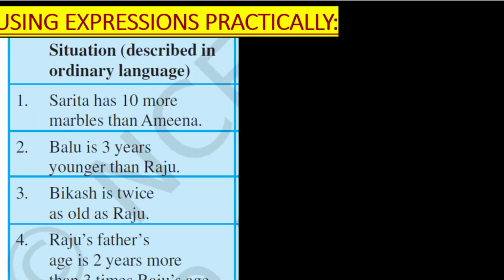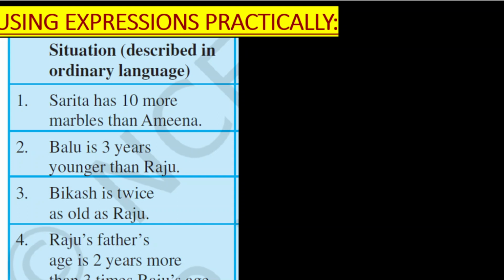And here are some expressions that we use practically. Before going into the situation, there are two things: first we have to find the variable, which one we have to take as the variable, and how to write the expression using this example.